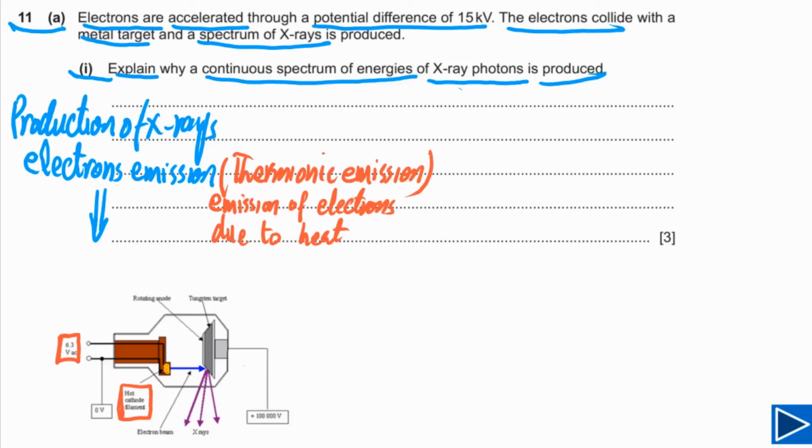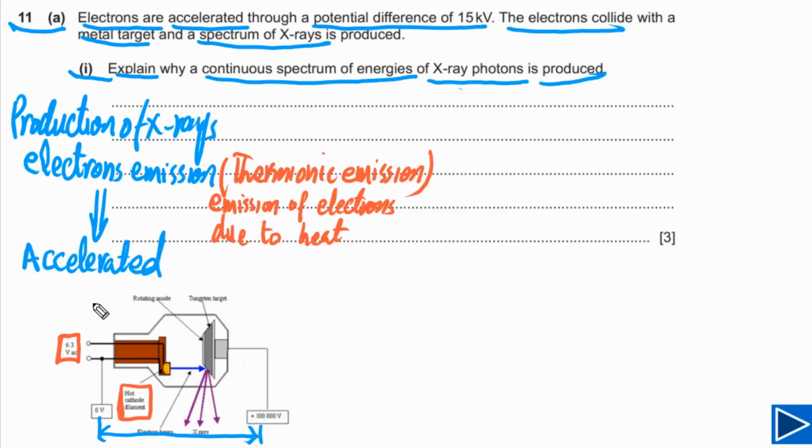And the second step: the electrons emitted due to thermionic emission are accelerated by a potential difference. We accelerate them by applying a potential difference between these two terminals. You can see we have 0 volts here and 100 kilovolts here.